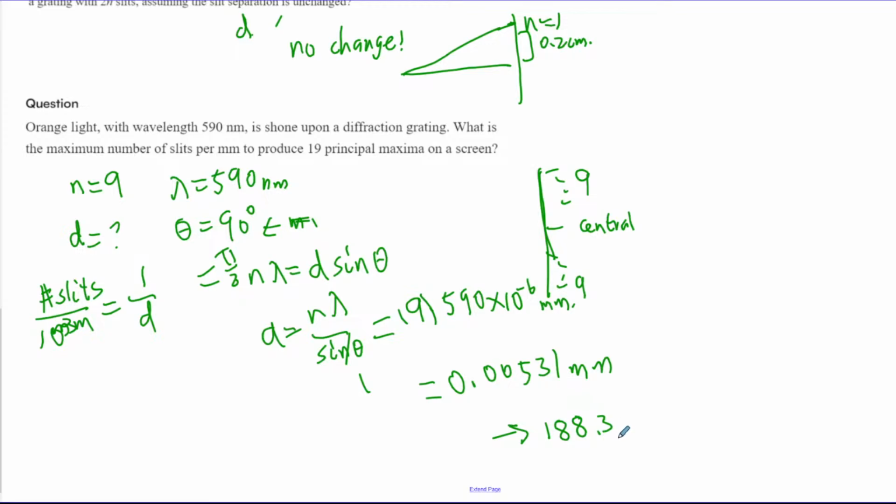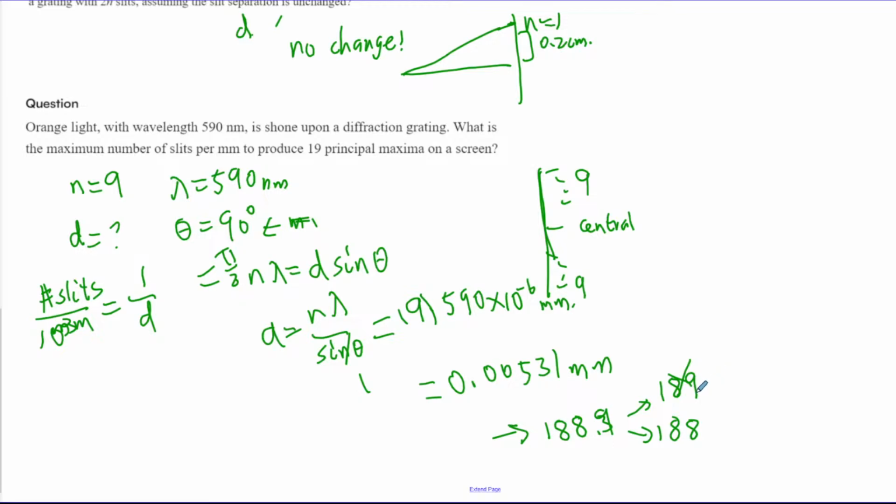Now, be careful. If you have 188.3, should it be 189 or 188? Just remember, if you have more, that means the slits have to be closer together, which means the diffraction will have to be wider, so it cannot be bigger than that.